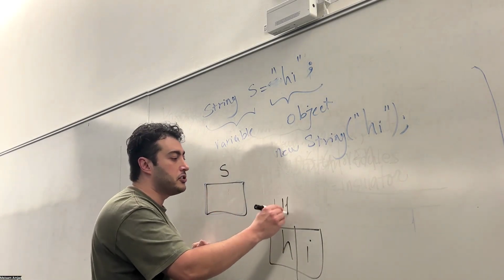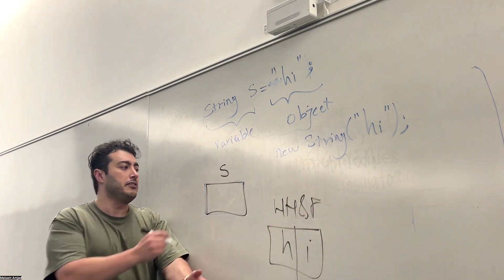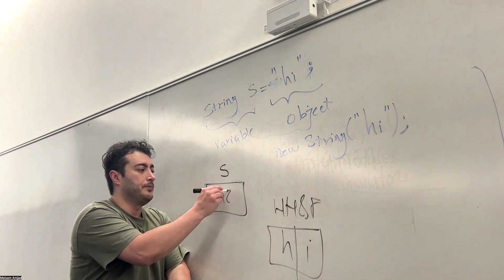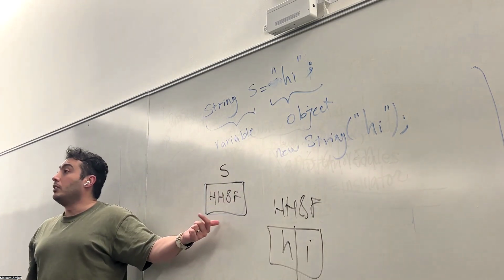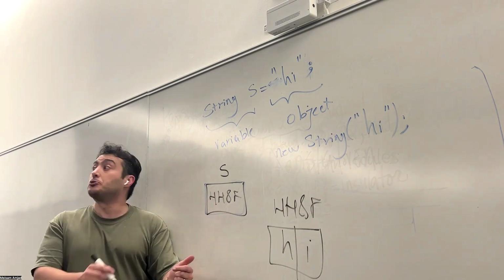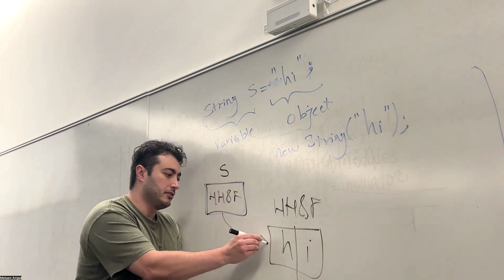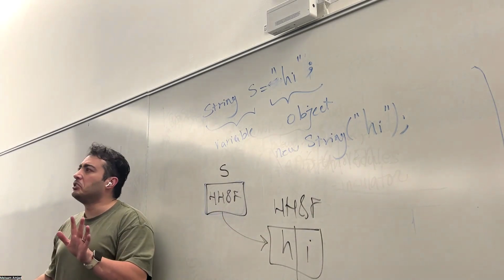Let's say the memory location of this object is this. It's going to save it here. That means the variable is not holding the actual string value. It's pointing to it. Does it make sense?